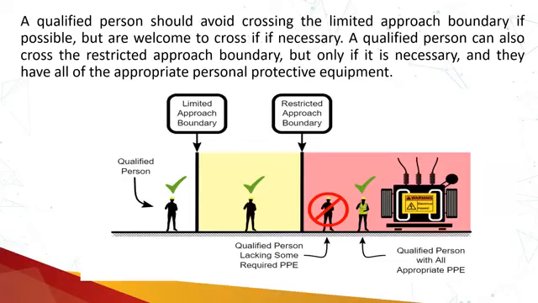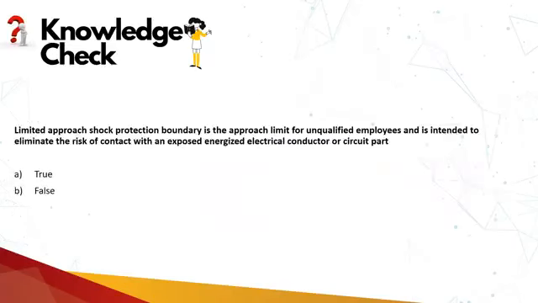When the exam question is about the arc flash boundary, within the arc flash boundary we have to wear appropriate arc rated clothing. The arc flash boundary can come within the restricted approach boundary, within the limited approach boundary, or it could be away from both the restricted and the limited approach boundary.